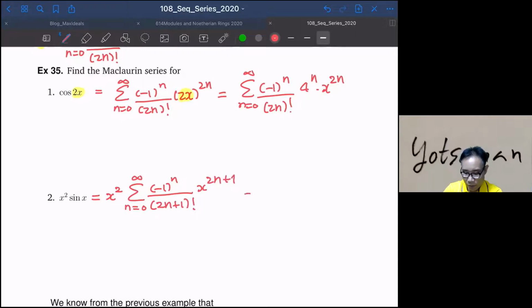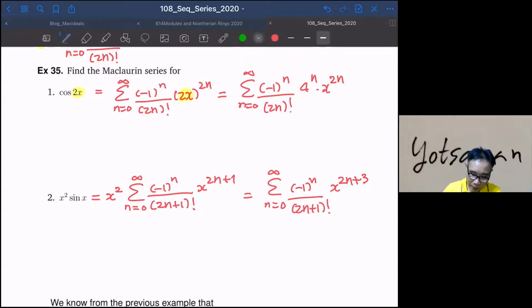So you basically multiply everything. So it's going to be negative 1 to the n over 2n plus 1 factorial, and you have x to the 2n plus 3. Okay, so that is going to be this example 35.